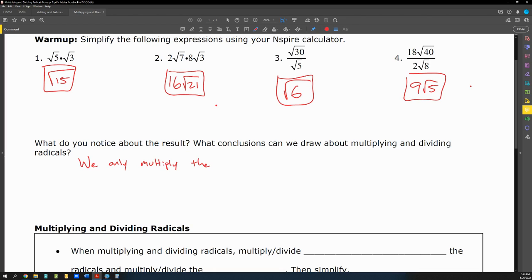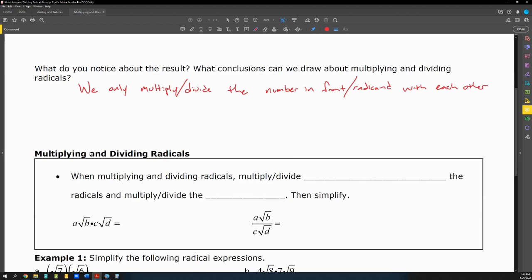So we only multiply or divide, I should say, the number in front, or multiply or divide the radicand with each other. All right, so I'll go ahead and explain what I mean by that in the box below.